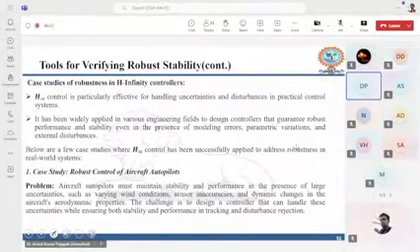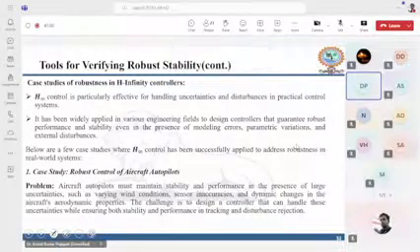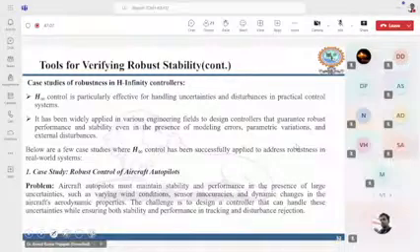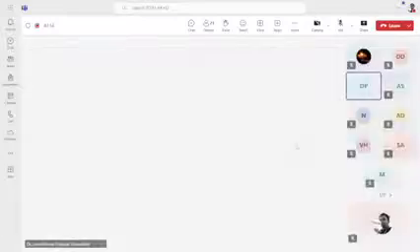So, case studies of robust control. Both robust stability and robust performance in tracking and disturbance rejection.